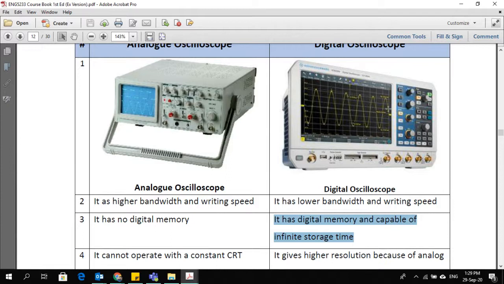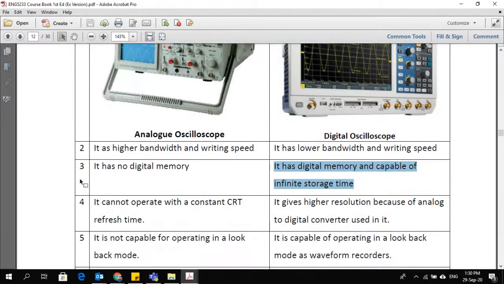It can record what's going on the screen, how the wave is changing, how the parameters are changing, and you can review them later on for your reference. But the analog oscilloscope does not have this recording and saving feature. It does not have that because it doesn't have memory.